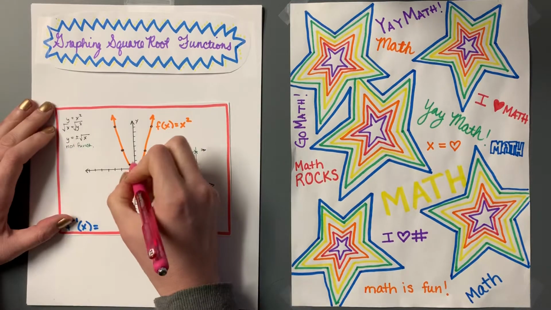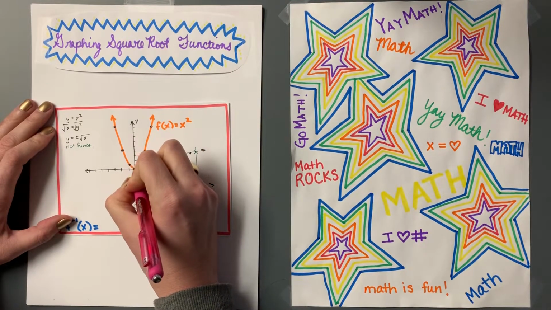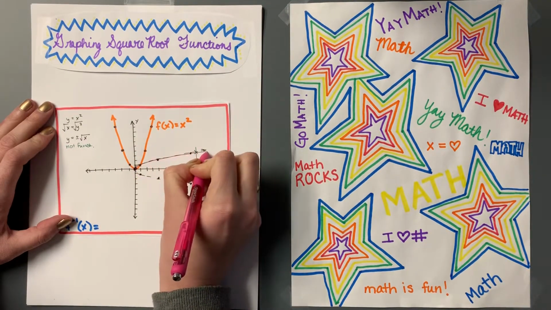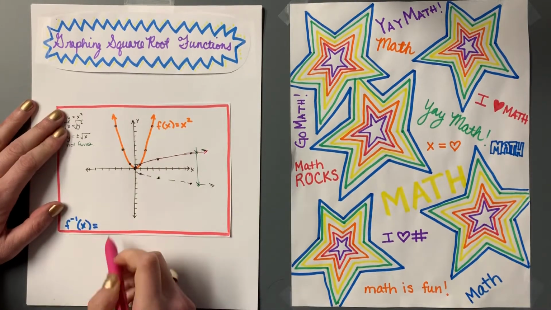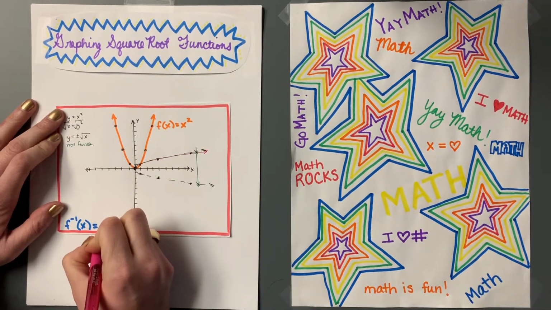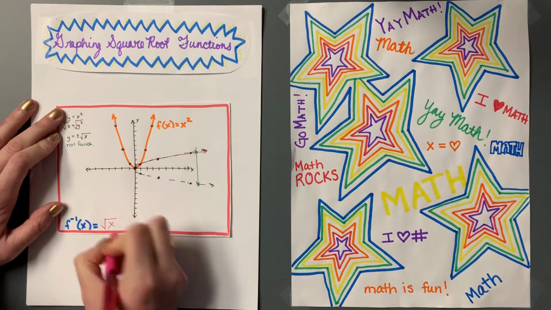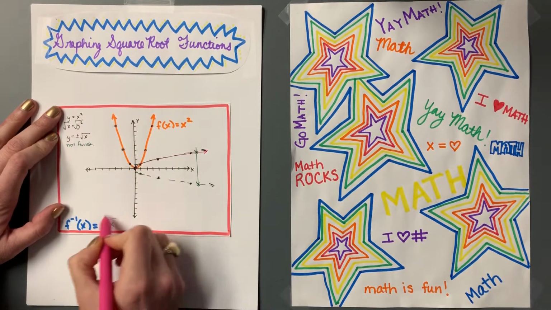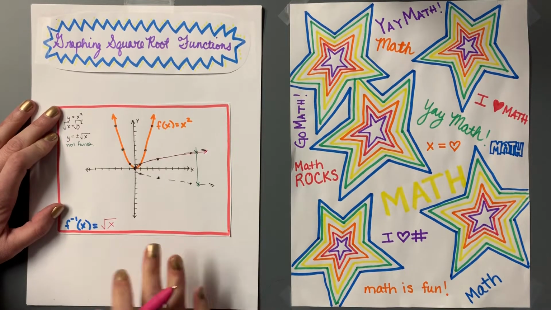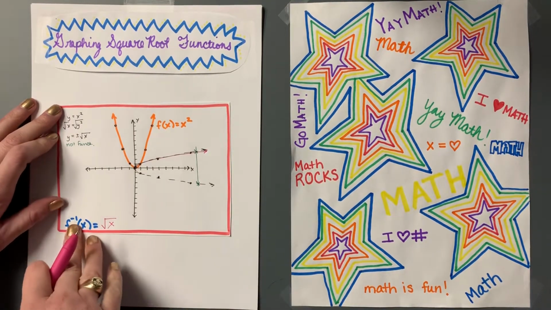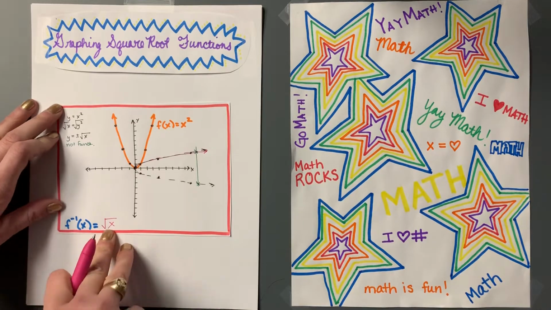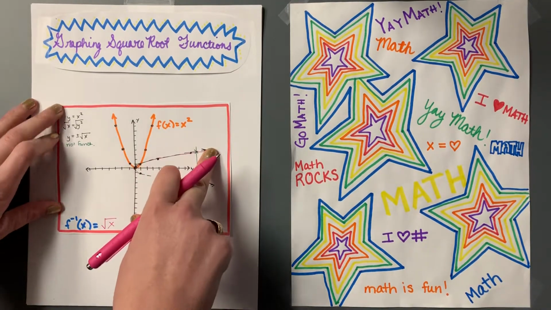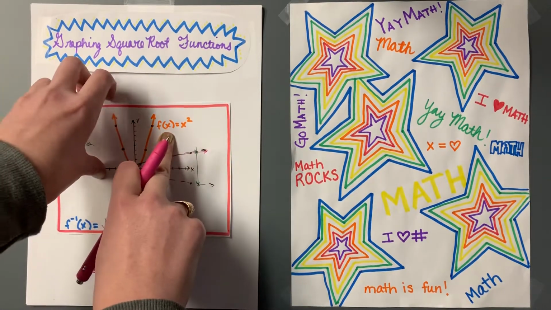And what we do is we say we are only going to take the top half. So we say that f inverse of x is just the positive square root of x. We're not going to consider the negative. We are only looking at the positive. So when we are talking about y equals the square root of x, we are talking about the top half of the inverse relation of y equals x squared.